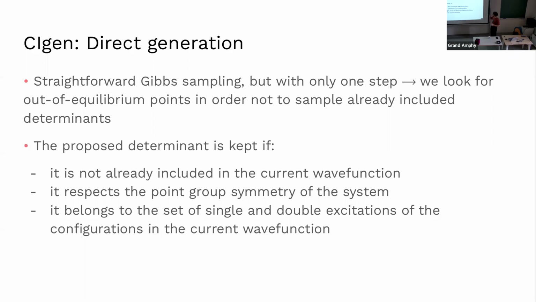So I use only one step to get out-of-equilibrium points, so determinants that use the learning but are not exactly the same as what I should learn from. Then I keep the proposed determinant if it is not already in my wave function, if it respects the point group symmetry of the problem, and if it belongs to the set of single and double excitations of the configurations of the wave function.